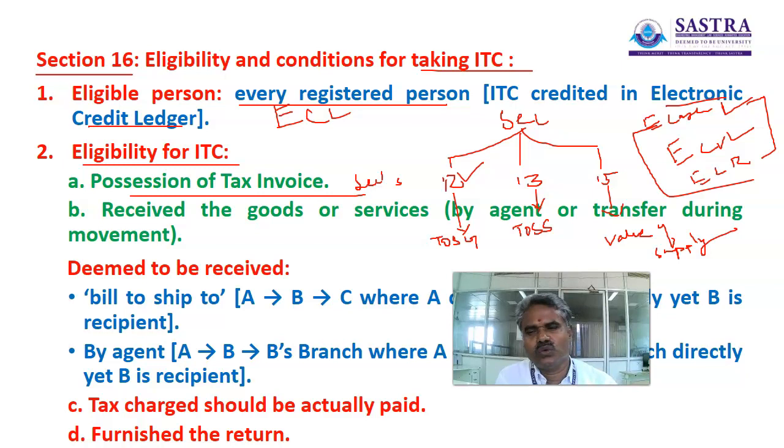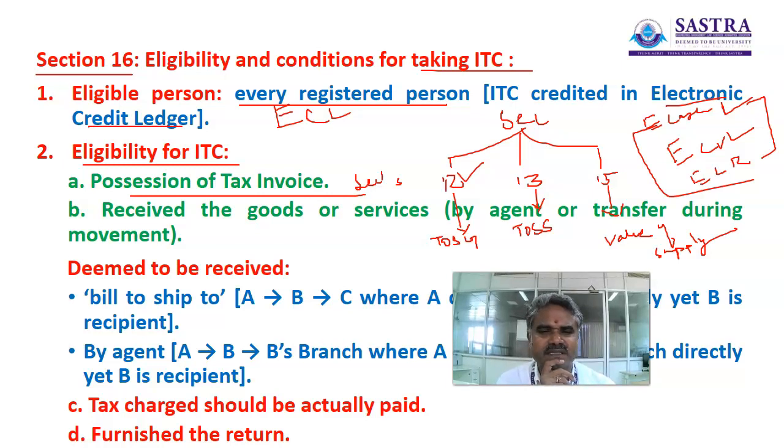So here you should possess the invoice, because the invoice is the authenticated proof of both inward supply as well as outward supply. So without an invoice we can't claim the ITC.